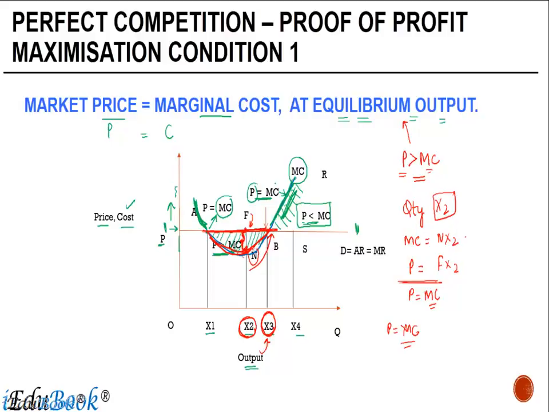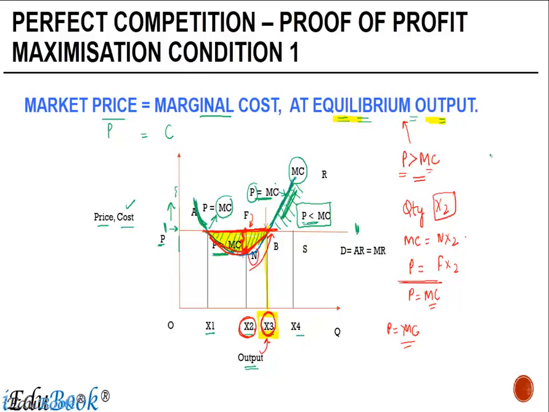Anywhere in this particular zone, as long as the producer keeps on making more and more commodity, his profits are going to increase until the equilibrium output is achieved, which is this particular point at X3 output. He will keep on producing more.